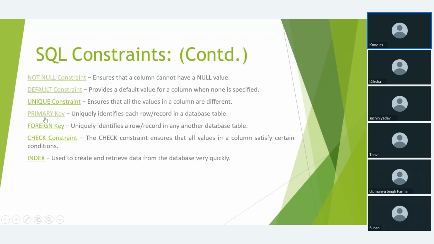If you apply any column as a primary key, it cannot have a duplicate value and it cannot have a blank value, because it is the unique identification of every record. So when it is a unique identification, it can never be blank and it can never be repeated, right?